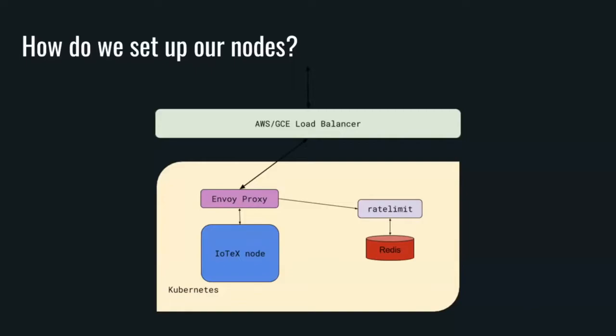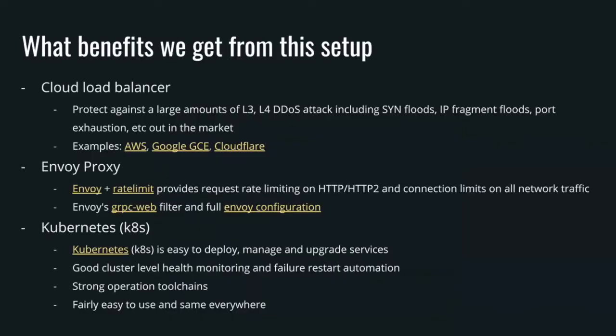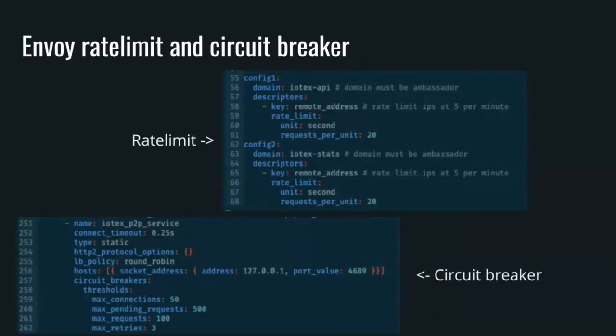In Envoy, you can set up rate limiting settings for HTTP and HTTP2 requests, and you can also set up a circuit breaker policy for all your network traffic, including TCP, HTTP, and HTTP2. That gives us application level protection for the IoTeX node.